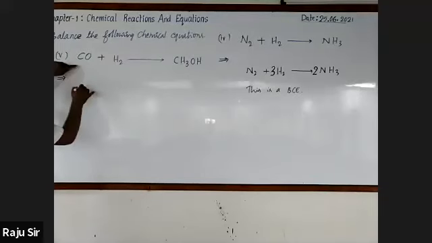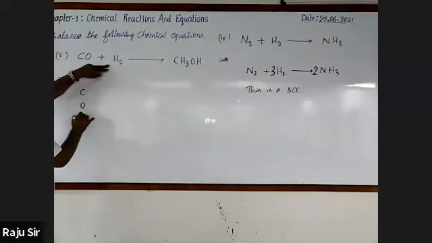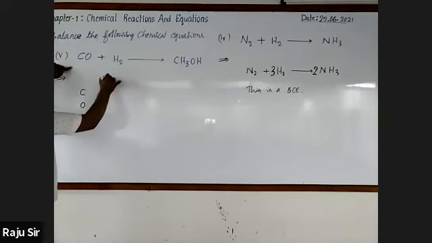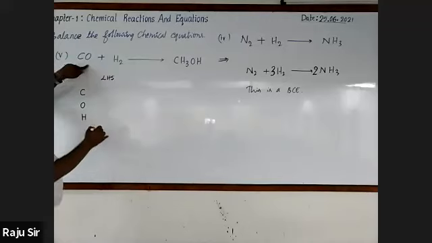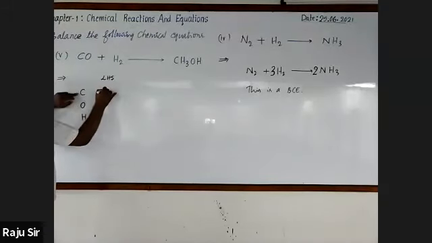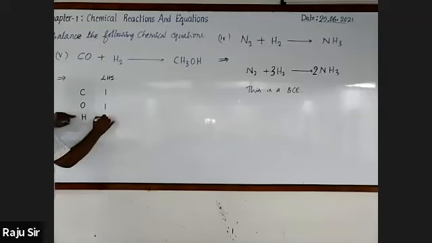Now let us go for balancing it. For balancing, let us list the number of atoms of each element. The elements involved are: first carbon, second oxygen, third hydrogen. Next, write the number of atoms of each element on the reactant side. Carbon has 1 atom, oxygen has 1 atom, hydrogen has 2 atoms.